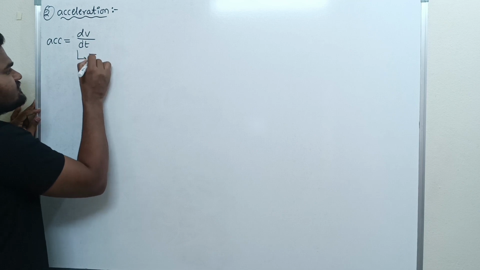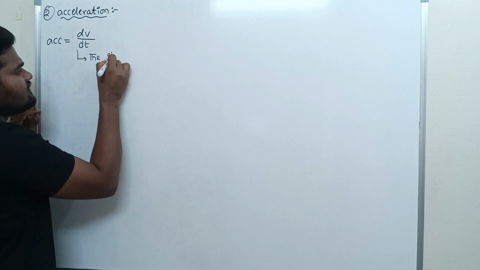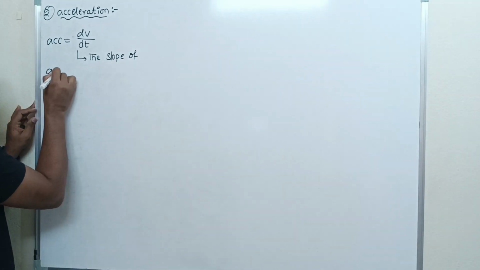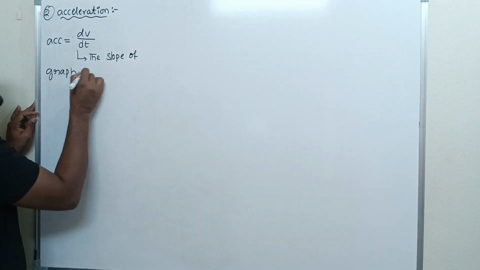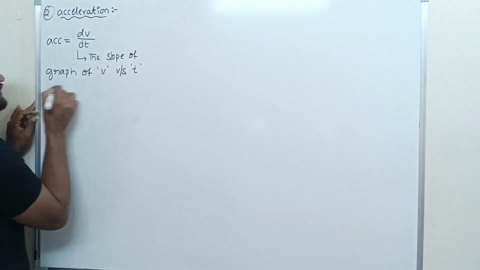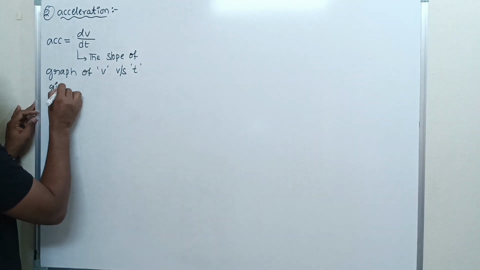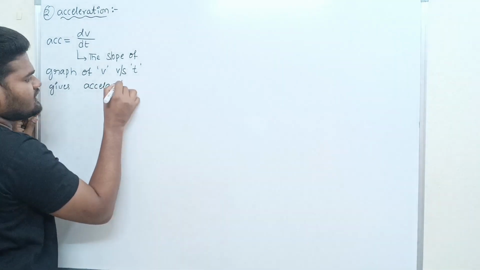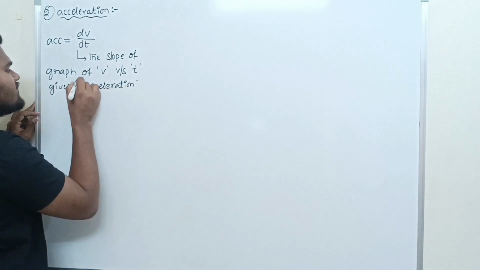The slope of the graph of v versus t gives acceleration.